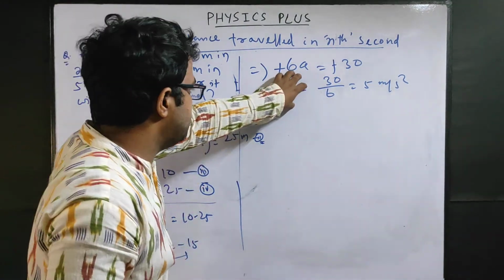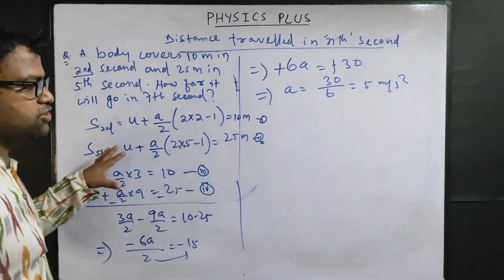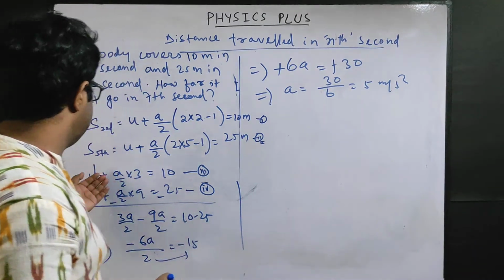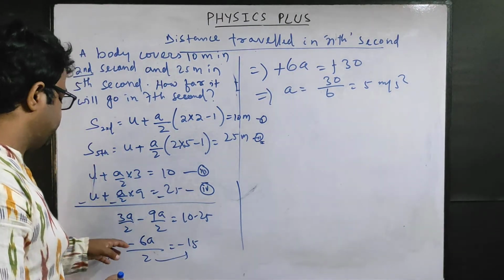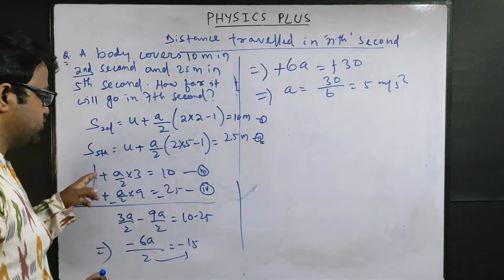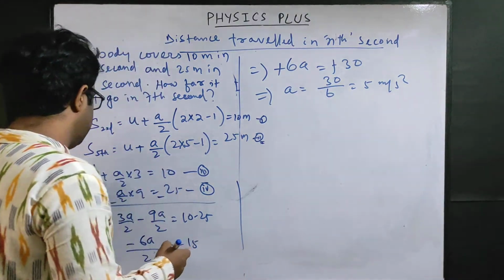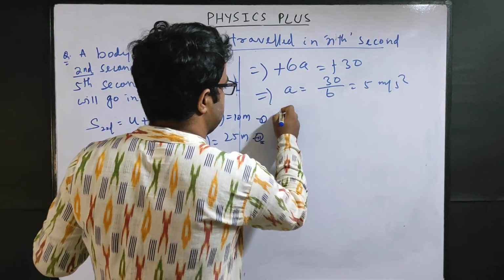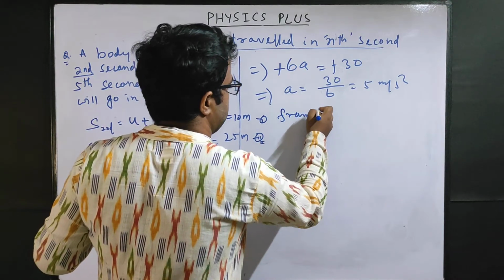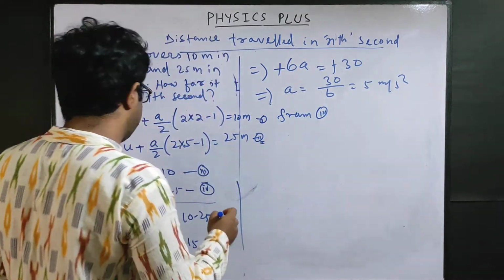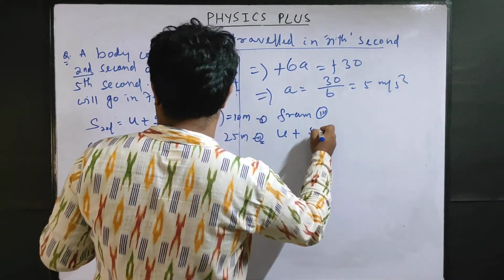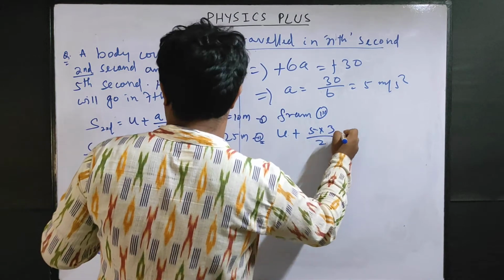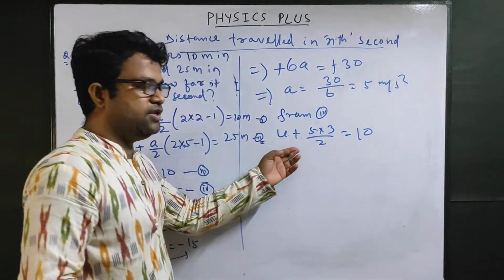Now you can use the acceleration in either of the equations and calculate the initial velocity u easily. Suppose I use equation number 3. Then u plus a, that is 5, into 3 by 2 equals 10. From here you can calculate u.